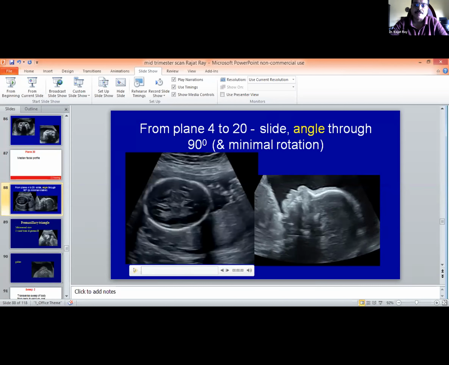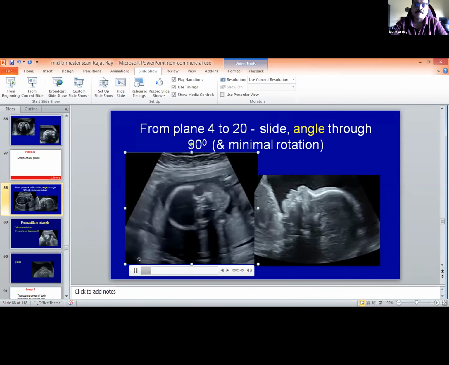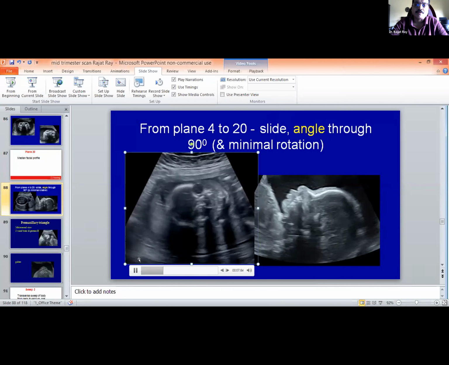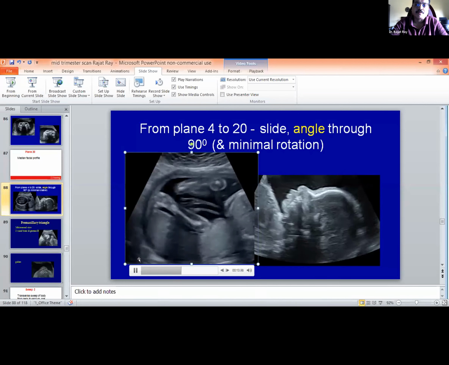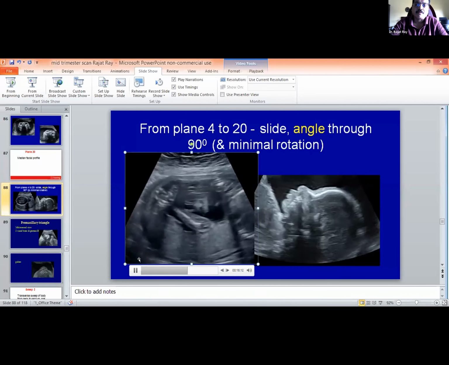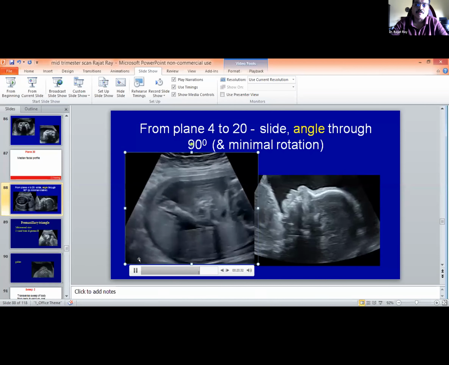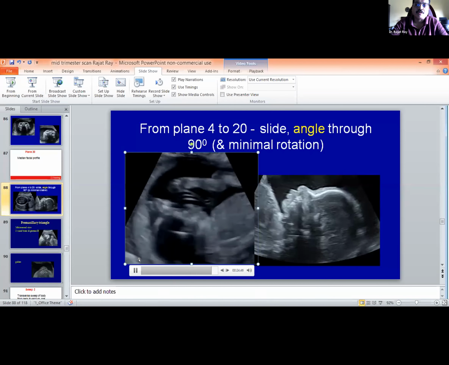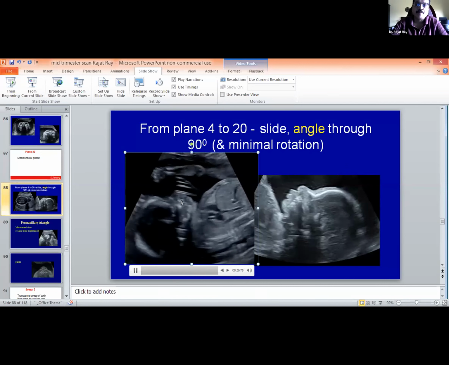You will get the face, median section of the face, or profile view of the face. So we are getting the profile view of the face.